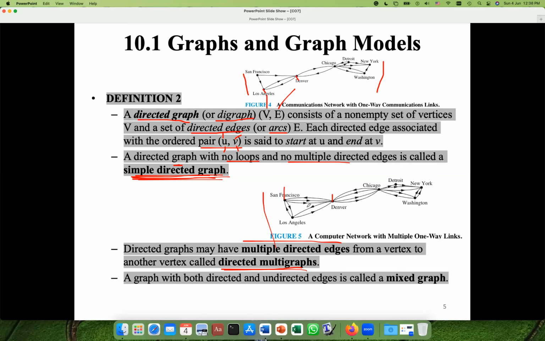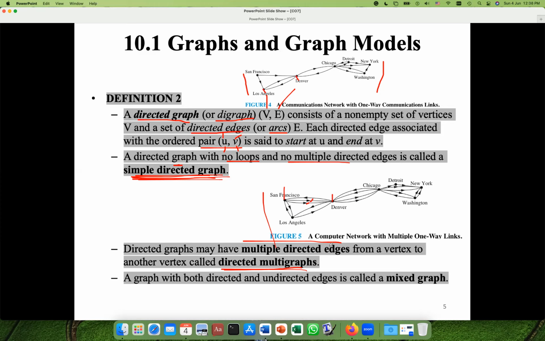For example, this one. From San Francisco to Denver, we have one edge going in this direction, and also this edge is going in the same direction. So these are multiple directed edges, which means you have multiple edges of the same direction between two nodes.